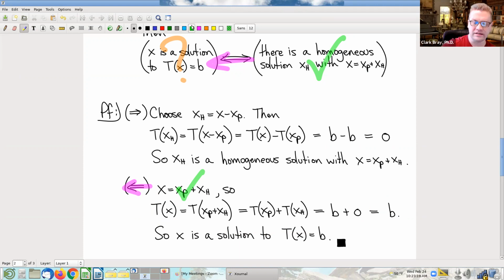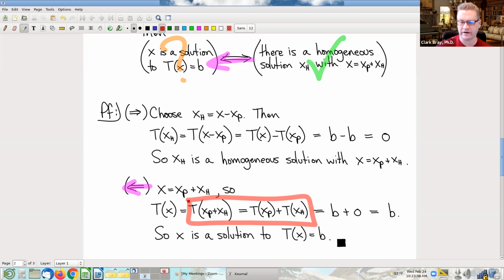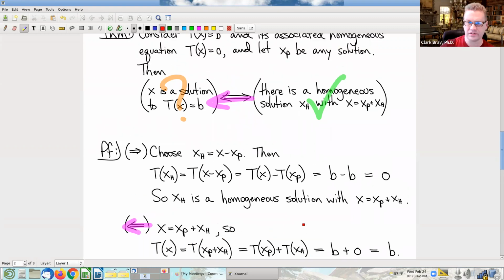Well, because we are assuming x is xp plus xh. That's what we're assuming for the purposes of this part of the argument. And we have linearity that we can use. Again, same sort of linearity. And of course, for all of this discussion, don't forget, we know that xp is a solution. So T of xp is b.